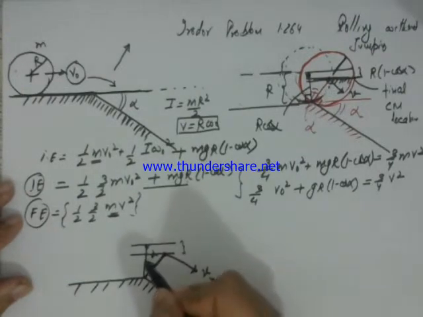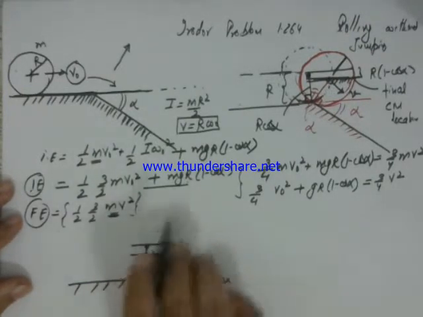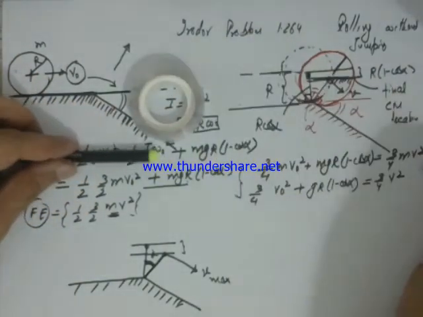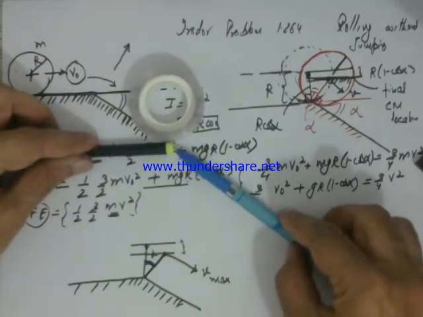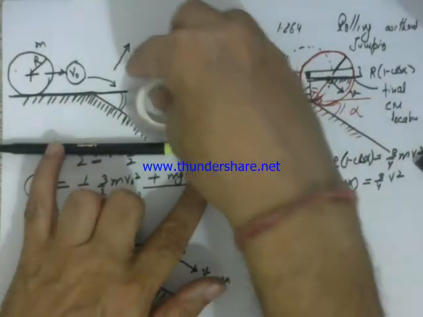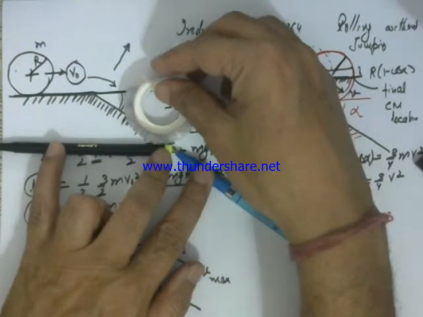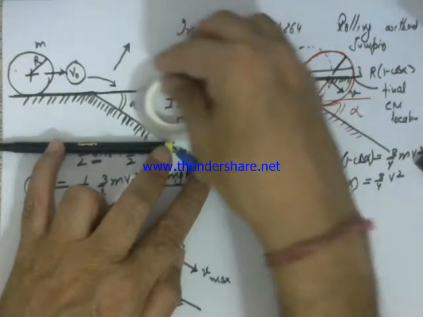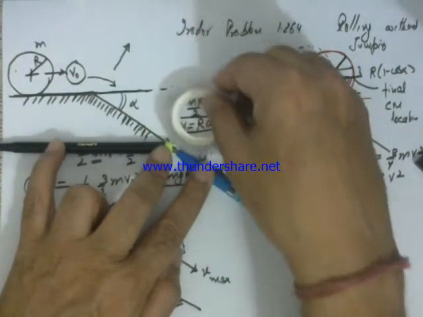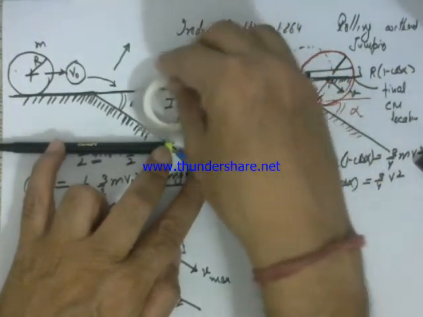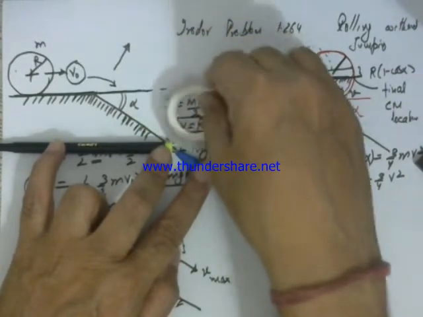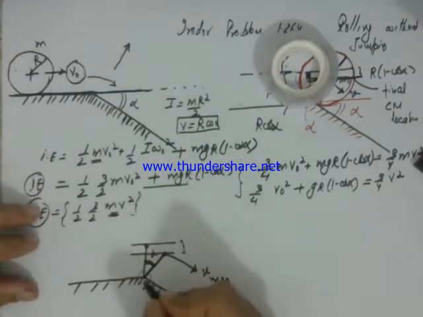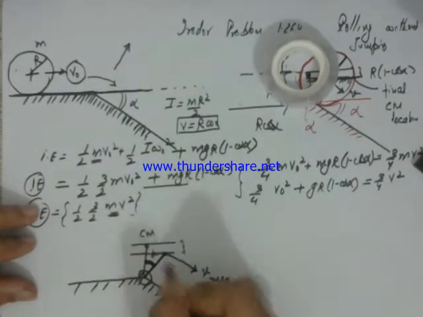If this is the inclined plane and the cylinder now rolls over, the cylinder is basically having a circular motion. The center of mass of the cylinder is moving in a circle about this point.